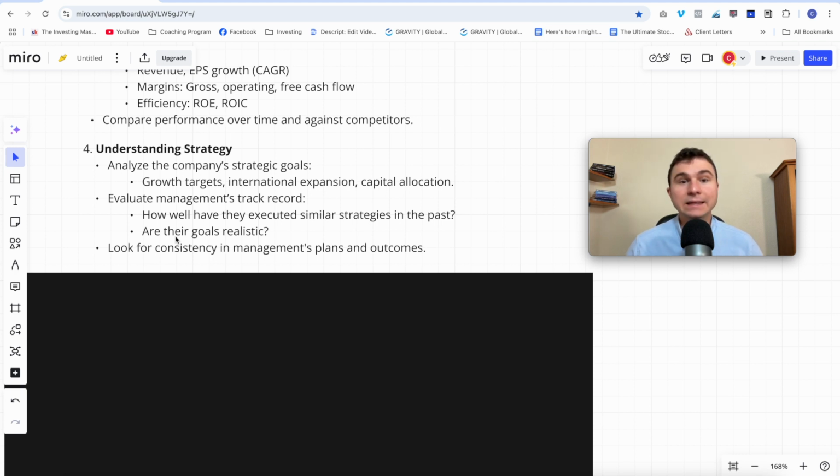For example, in 2014, the management may have said something like, for the next 10 years, we envision this amount of growth, this amount of revenue, this amount of earnings. Now, looking forward, we are 10 years in the future. Did they reach their goals? And you see plenty of companies that cheat with their numbers.